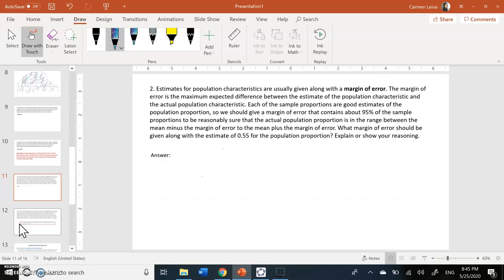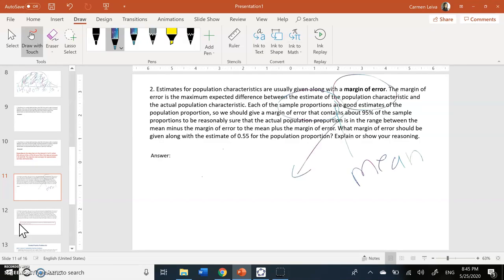When we talk about proportions, think of it as the mean. When I say sample proportion, that means mean. And when I say margin of error, I mean standard deviation. They are just in terms of variability. Go back again to the vocabulary if you don't know what that is.